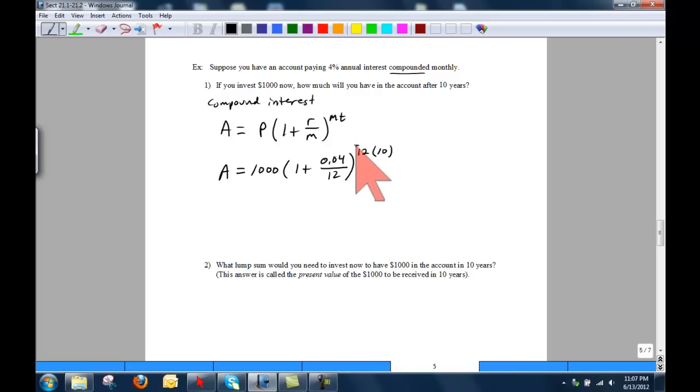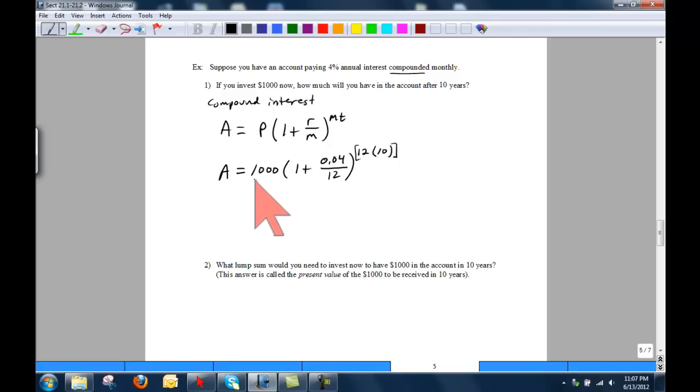The 12 must be multiplied by the 10 first before you raise this expression to the exponent. As you're entering it in your calculator, if you don't use parentheses around the 12 times the 10, it's going to assume that you mean raise this expression to the 12th power and then multiply that by 10, whereas you really want to be multiplying the 12 times 10 and then raising to the power.